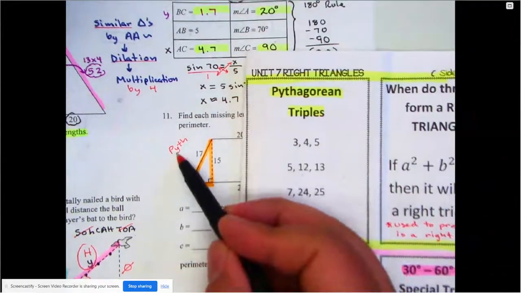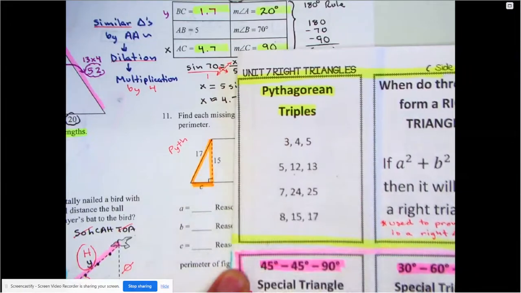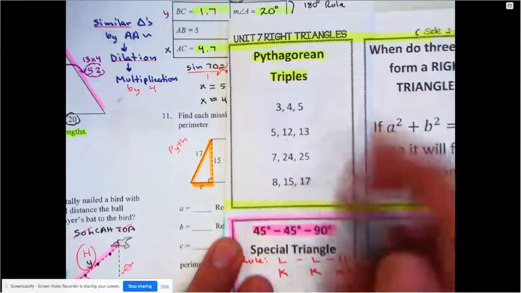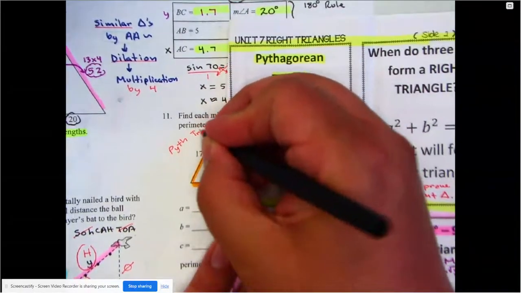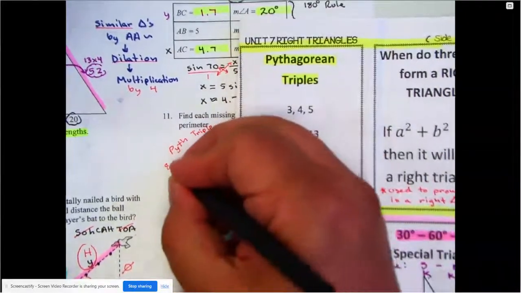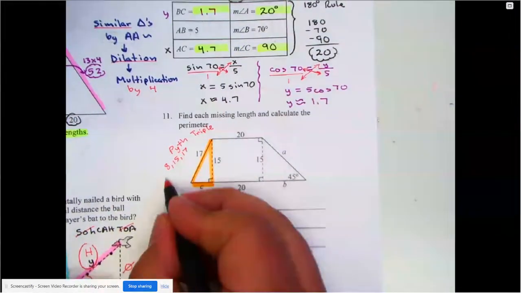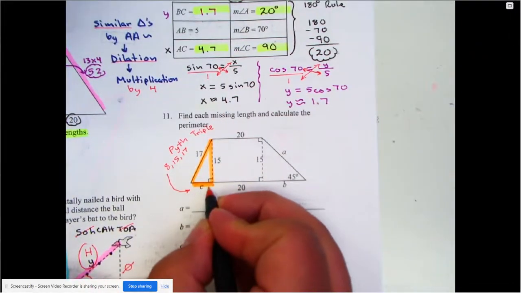So it's Pythagorean. I'm going to check the triples first. 15 and 17. Look at that. There it is. It is definitely a triple. It's the 8, 15, 17, which means this missing number down here is the 8.